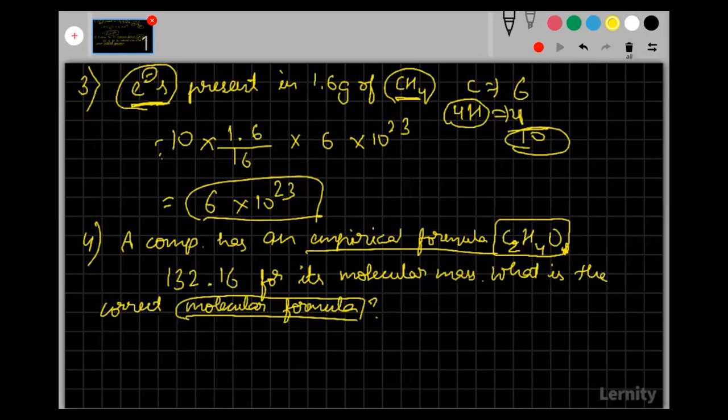Okay, so most of you have answered it. Yeah, so here what we have to do is see here carbon.